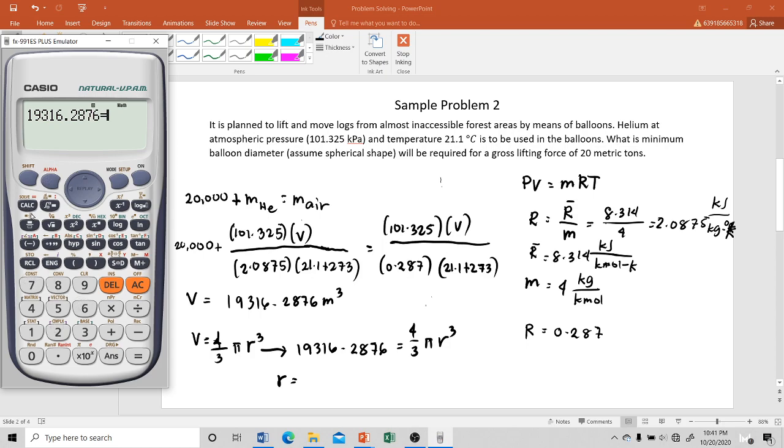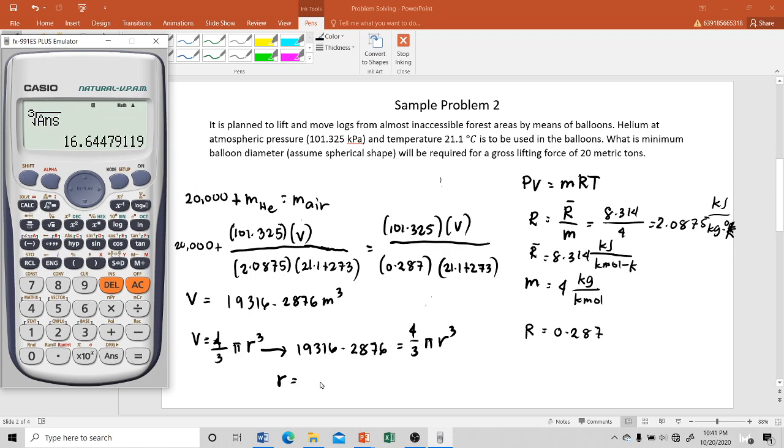19316.2876 alpha equals 4/3 times pi times alpha x, shift solve, and then cube root of answer.